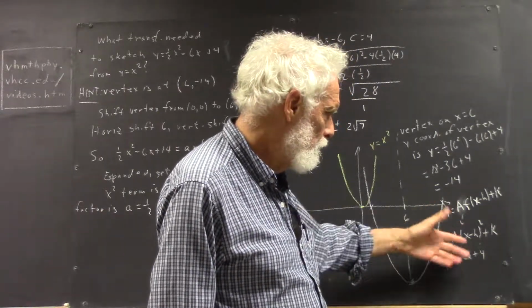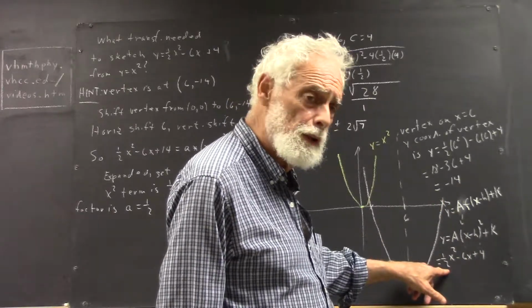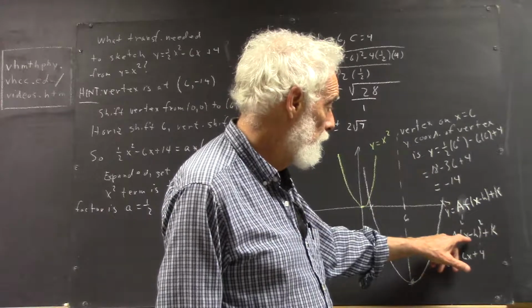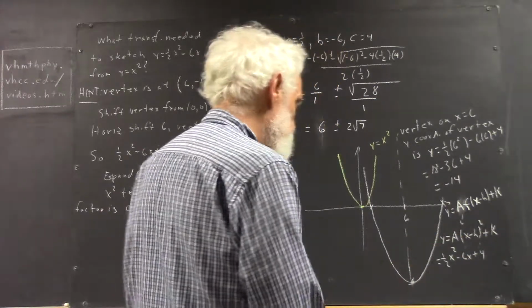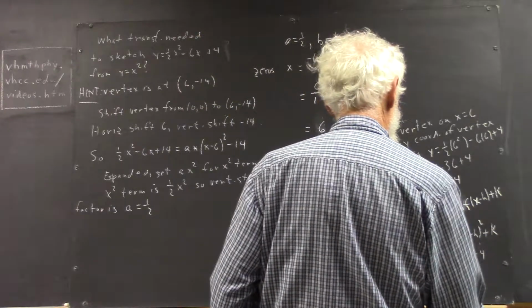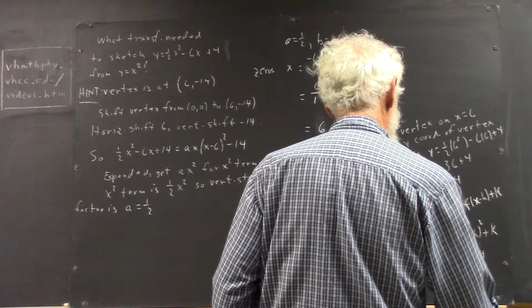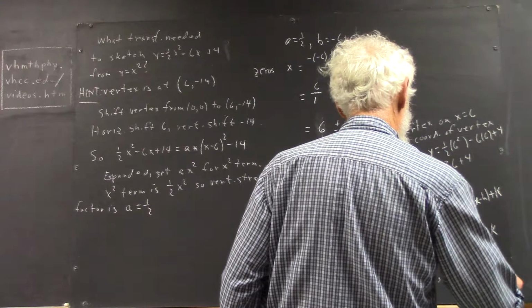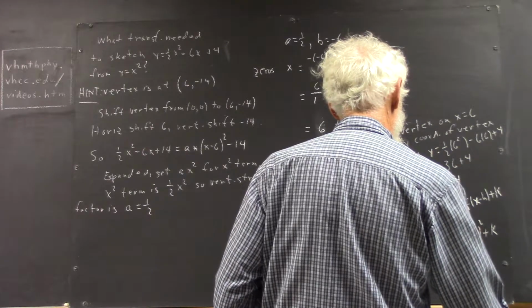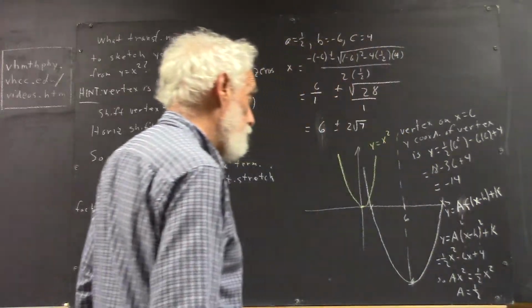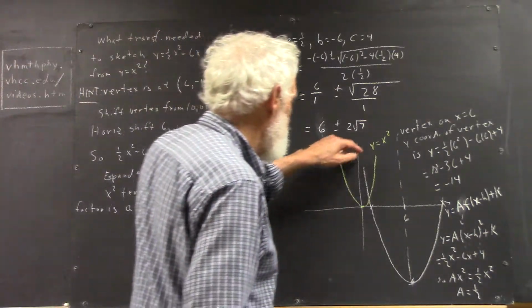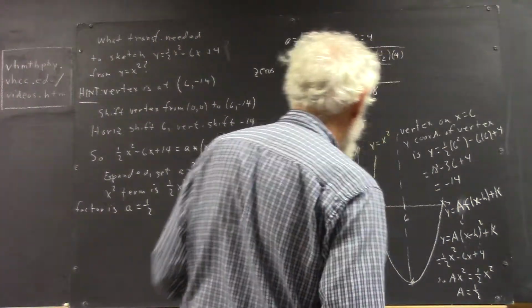What do you have to do to get a 1/2 x squared? We're getting an x squared out of expanding this, and it's multiplied by a. So it follows that a is 1/2. So we're going to vertically stretch the y equals x squared graph by a factor of 1/2.